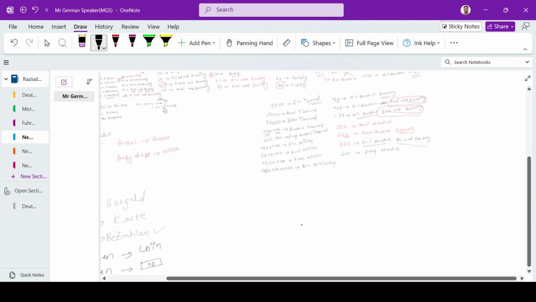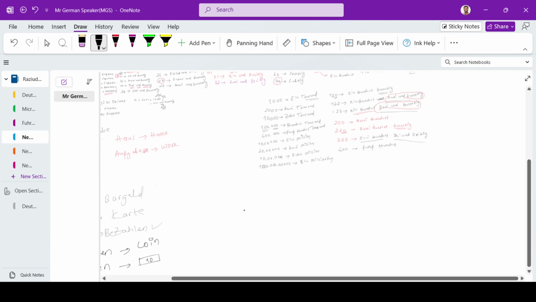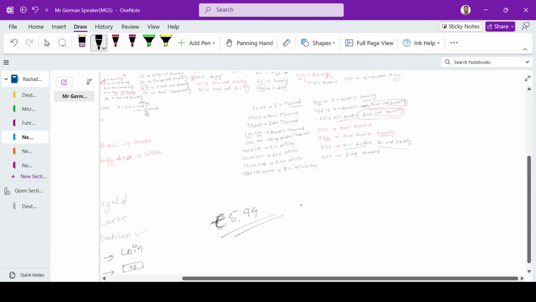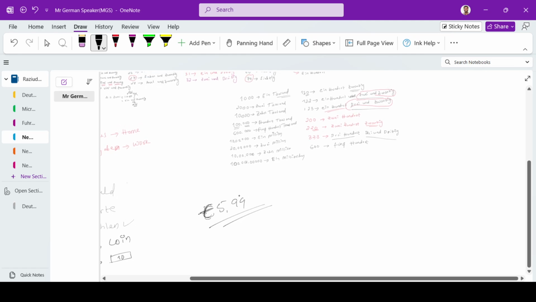So this is the number system, and it's very important. You have to learn this, because when you go to the supermarket, the price will be written something like this, in euros. So how do you read it? We read it like 5 Euro 99. This 99 is basically the cent, like paisa or small currency.